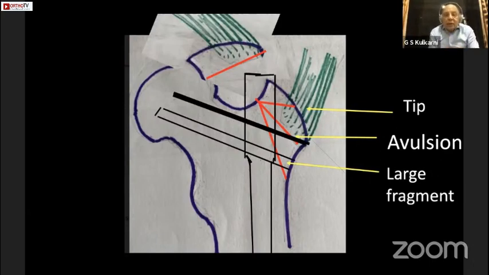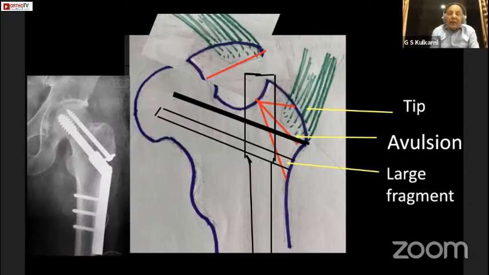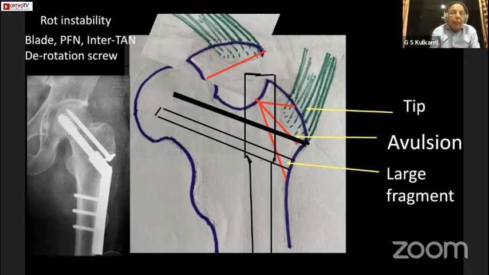So the greater tuberosity may not need it. However, we are using a lag screw here, not for fixation of the lateral wall, but as a derotation screw. As we use in fracture neck femur, a derotation screw outside the nail works very well.